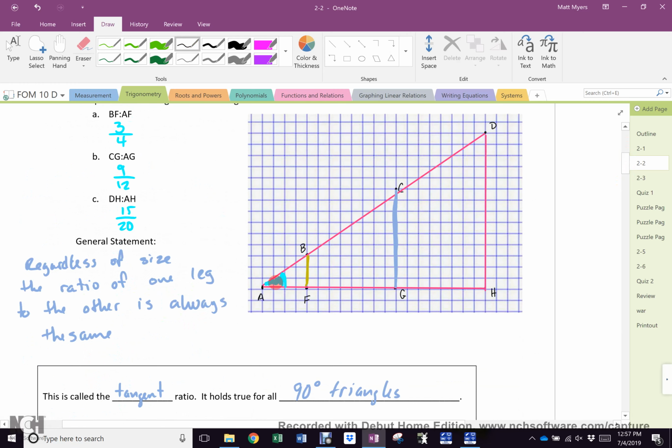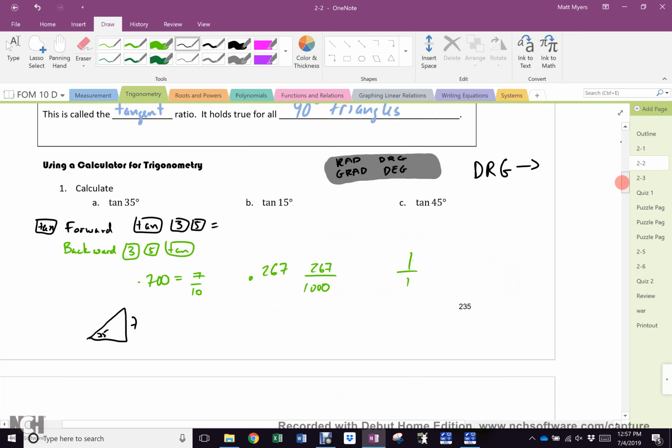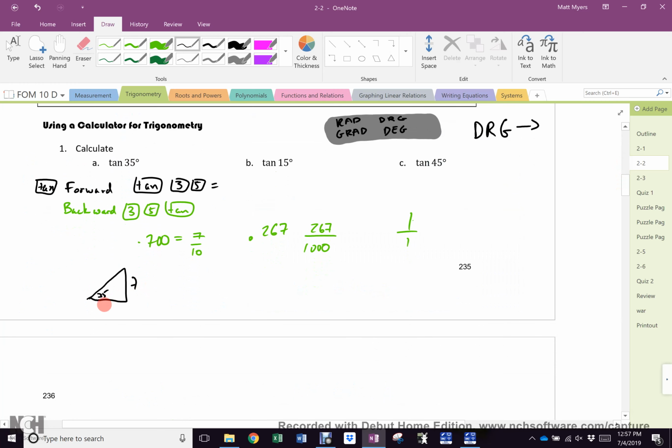When you had angle A, it was 3 over 4. So if this is 7, what's this? 10. In this one, if I drew this, and I told you this was 15, which is way smaller than 35, what would this be? 267, and this would be what? 1,000.